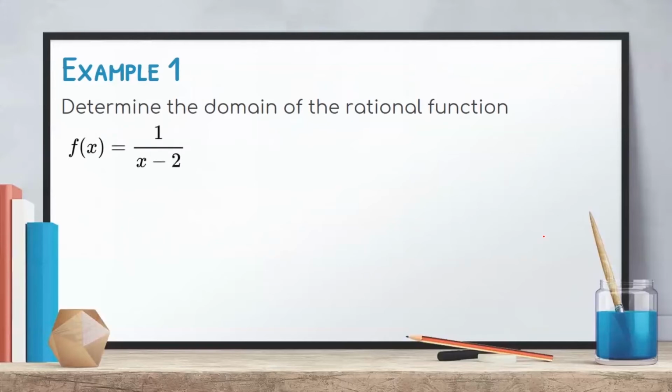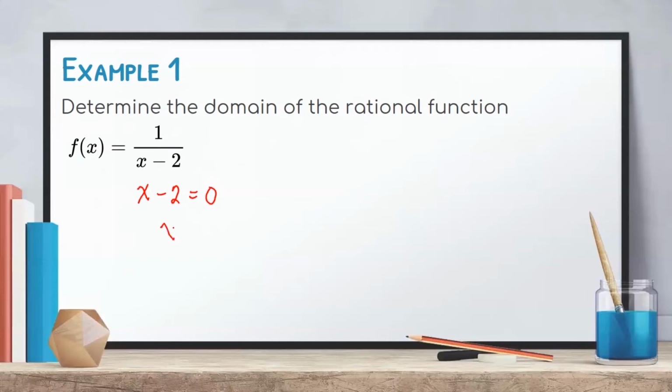Determine the domain of the rational function f of x equals 1 over x minus 2. Notice that the rational function is already in its lowest term. Therefore, we cannot factor it anymore. To find the domain, let us determine the restriction by equating the denominator to 0. Hence, we will have x minus 2 equals 0.